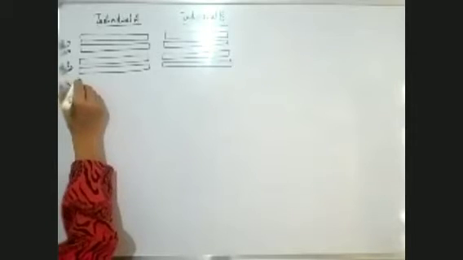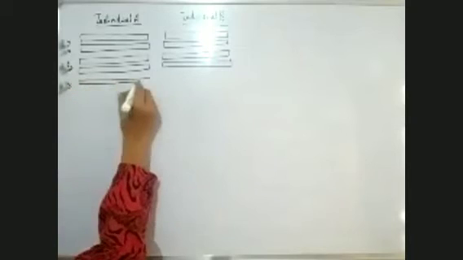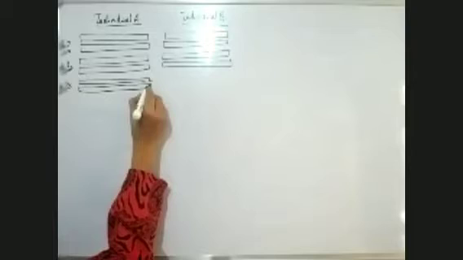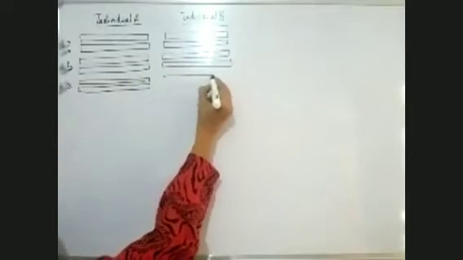This is chromosome 16 of individual A, and this is chromosome 16 of individual B.